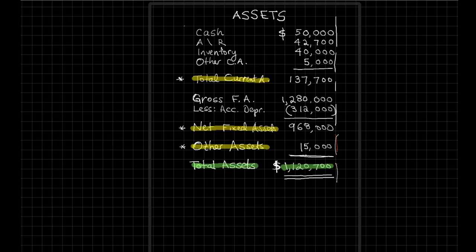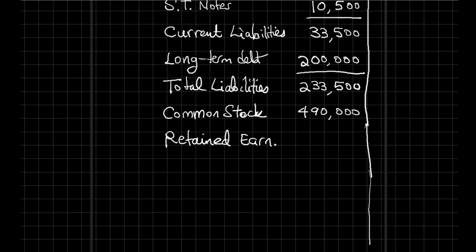So let's do some algebra here. So that number, $1,120,700, would be equal to our total liabilities, which was $233,500. So this figure over here.